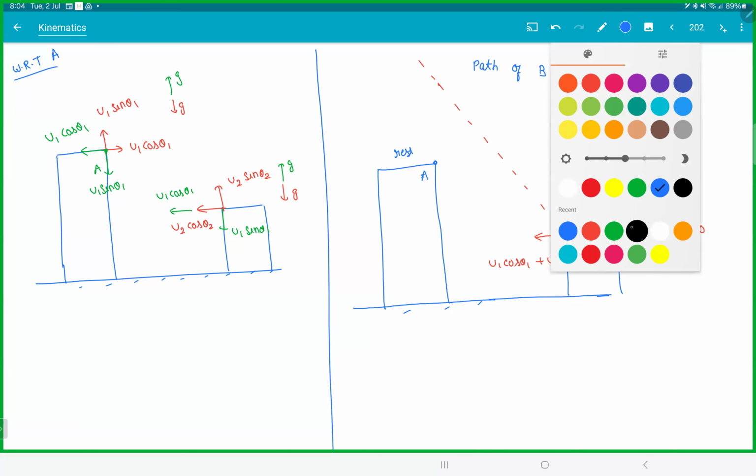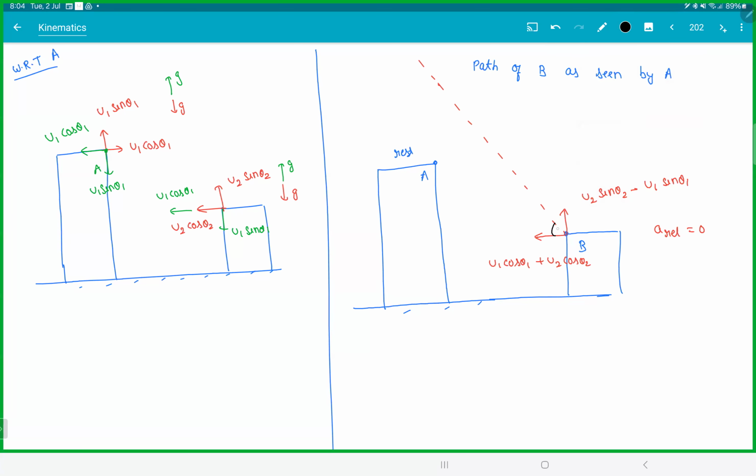Okay. Now Pratik, can you tell me what this angle is? Tan alpha will be what? The opposite velocity Vy by Vx, which is u2 sine theta 2 minus u1 sine theta 1 by u2 cos theta 2 plus u1 cos theta 1.